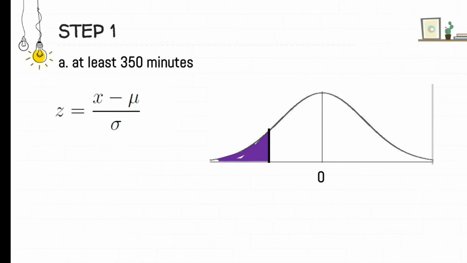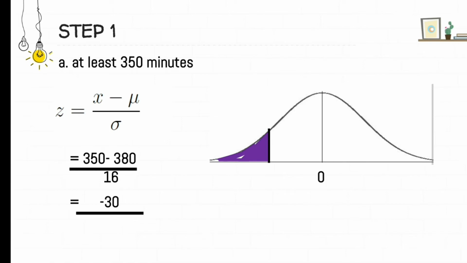For A, we have at least 350 minutes. Again, our formula: for our score, we have 350 and our mean is 380, divided by 16.